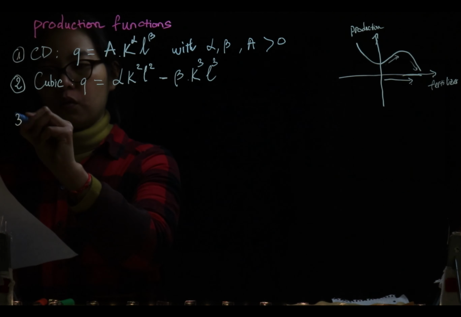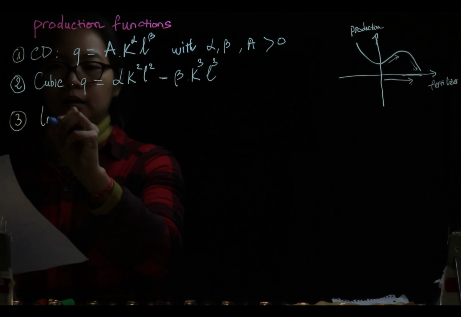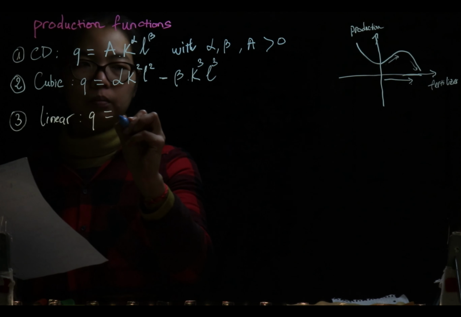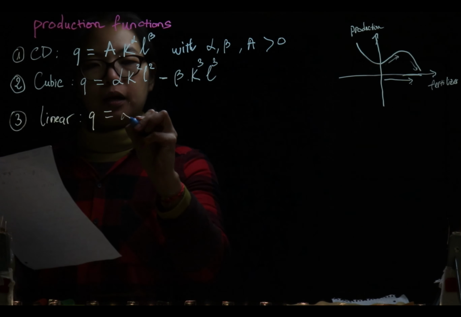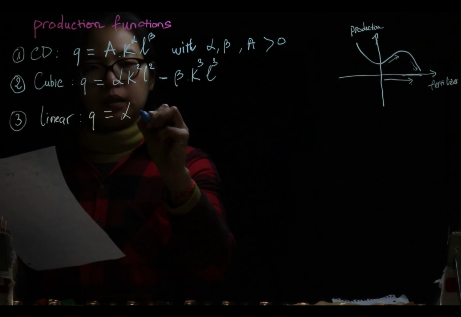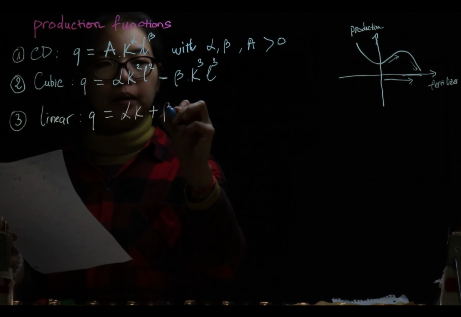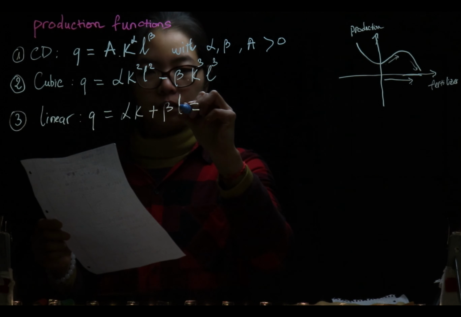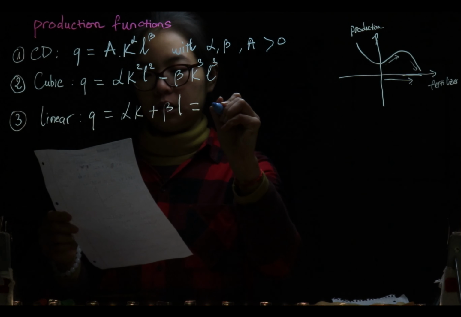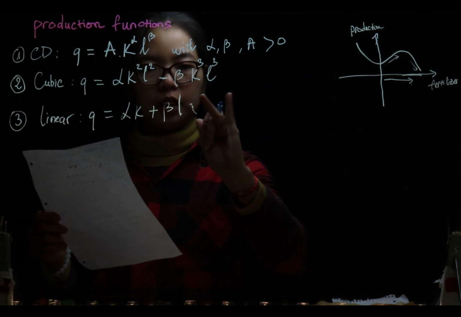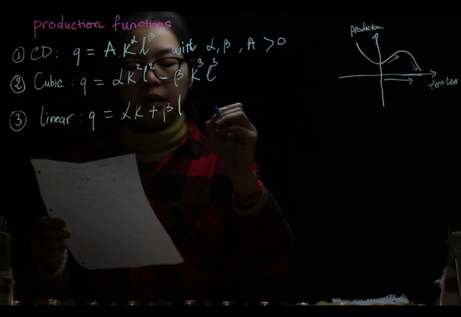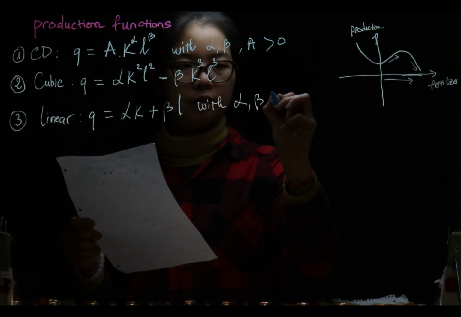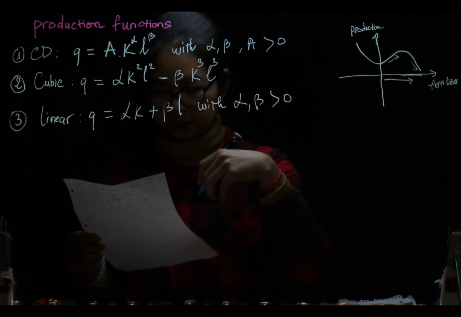The third one is the simple linear production function, which has the form alpha K plus beta L, with alpha and beta positive.